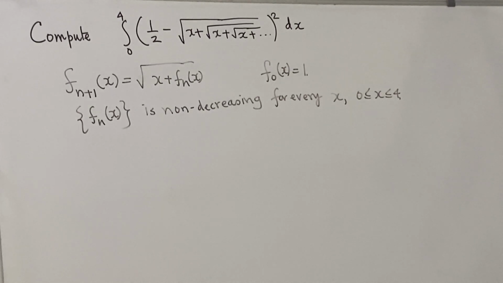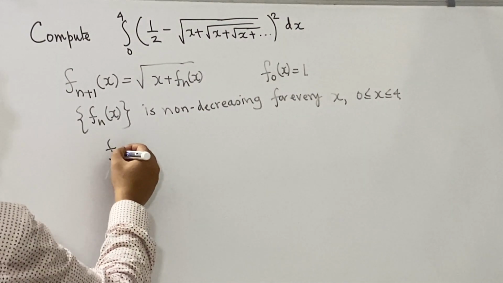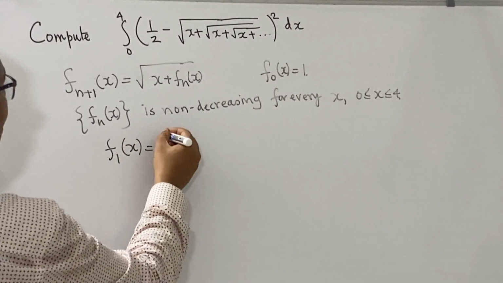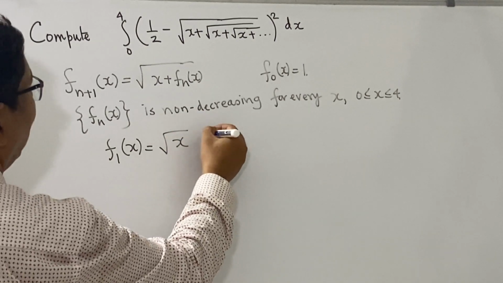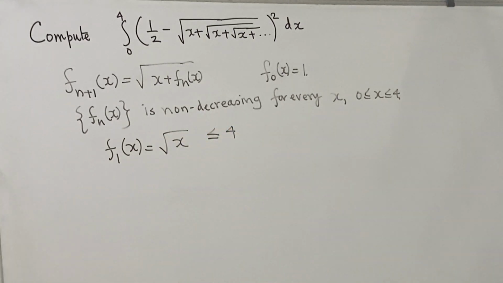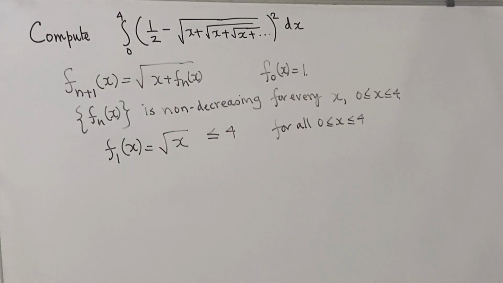Now we claim that fn(x) is also bounded. So we guess a bound. We see that f1(x) is the square root of x, and the maximum value is 2, but we can be more liberal and make it 4, and that is for all x in the interval.